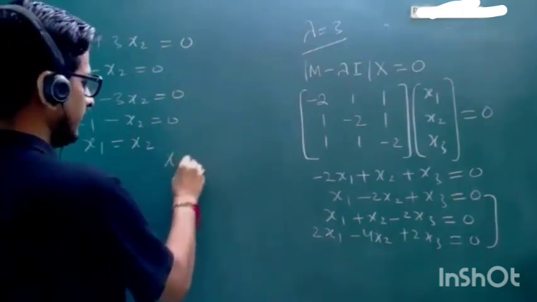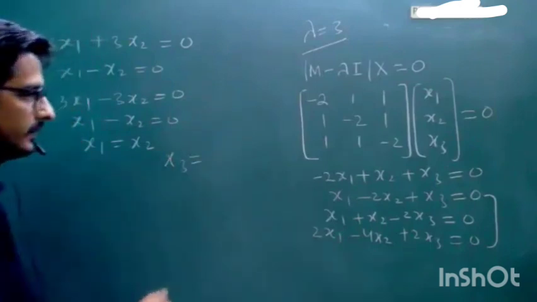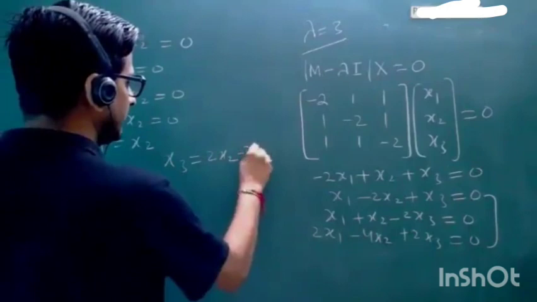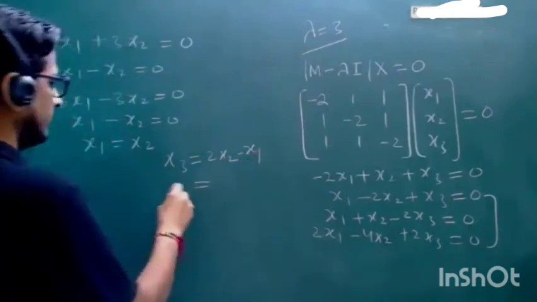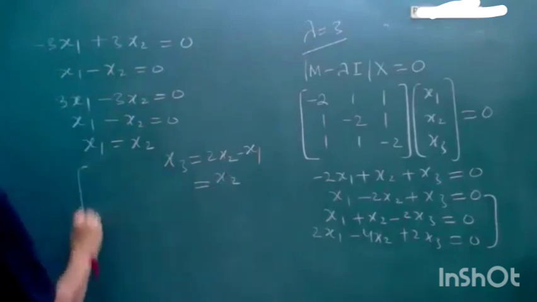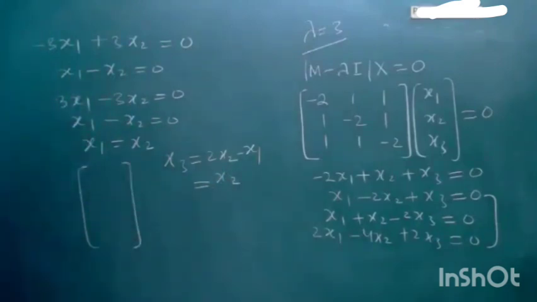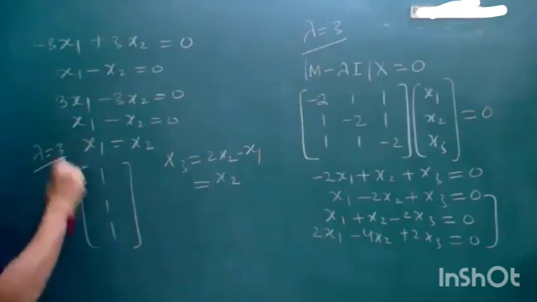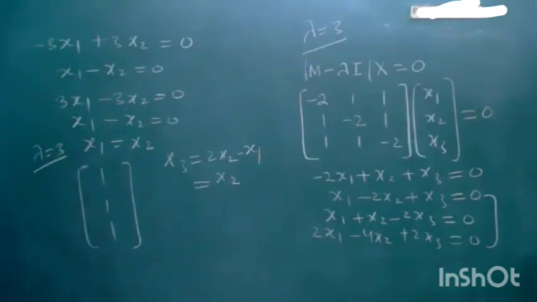So x3 is 2x2 minus x1, so that is equal to x2. So now if I want to write it, it will become 1, 1, 1. Yes? For lambda is equal to 3, this will become the eigenvector corresponding to lambda is equal to 3.